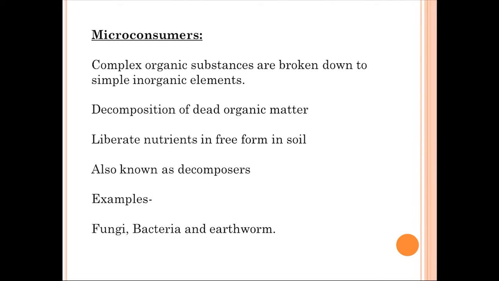So here what happens, the fungus secretes certain enzymes outside its body. Now, the fungus grows on a certain substratum. It may be wood or soil. So in that case, it secretes certain enzymes out of its body.